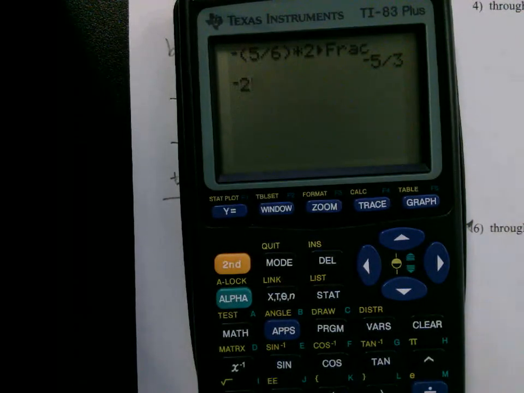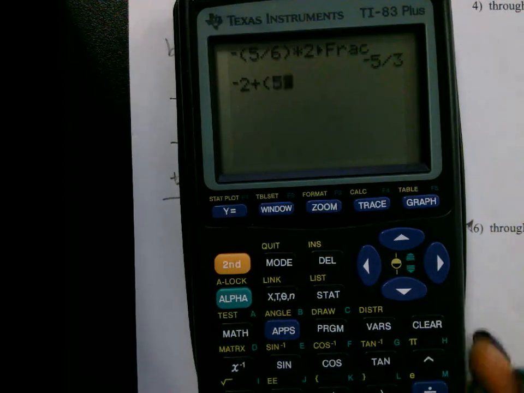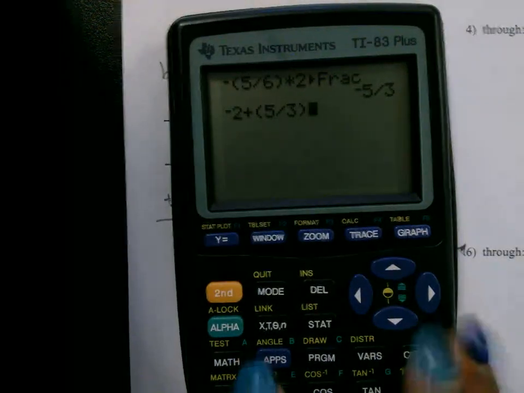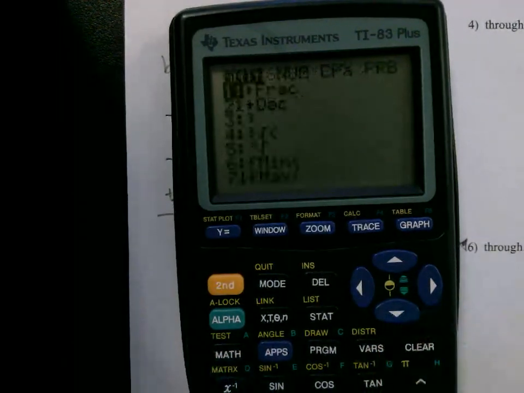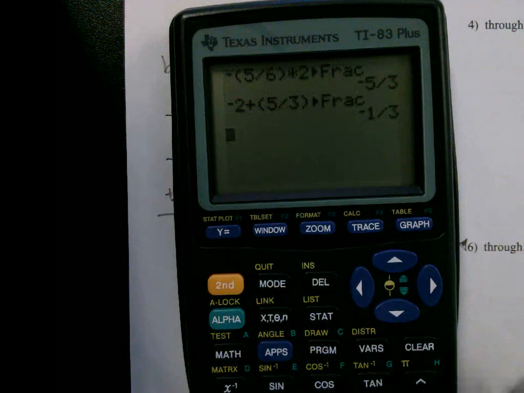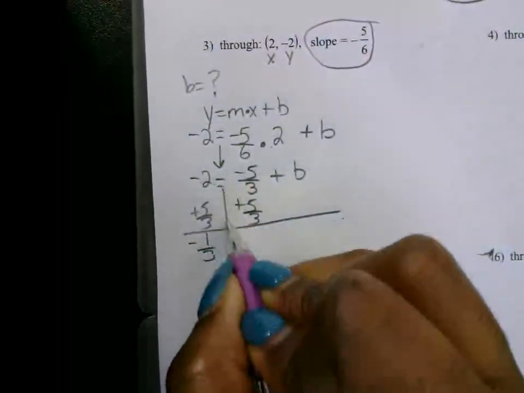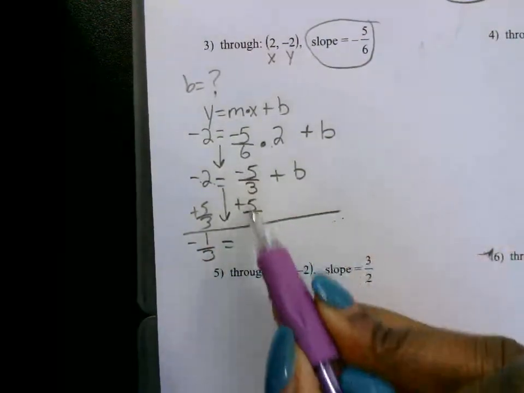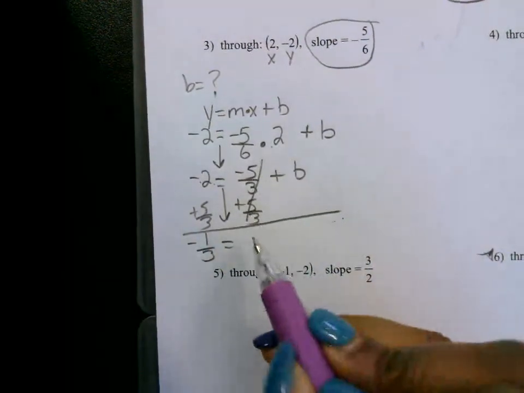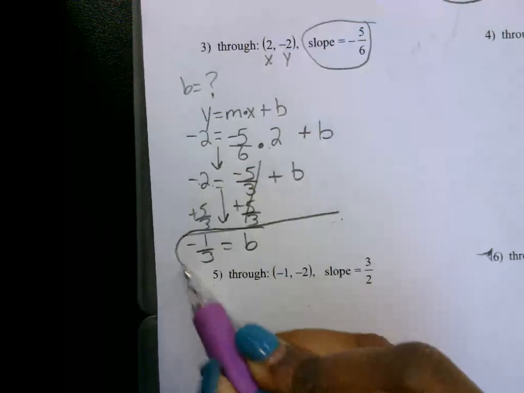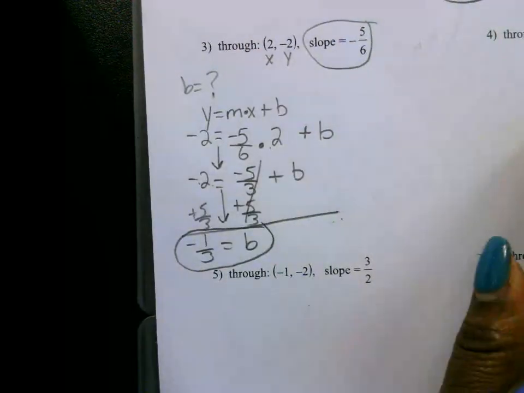Negative 2 plus parentheses 5 over 3. Math, enter. Math is right here. Enter twice. Negative 1/3. This is 0, and you're left with B. So B is negative 1/3.